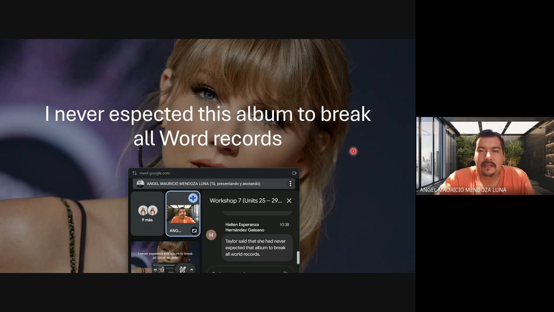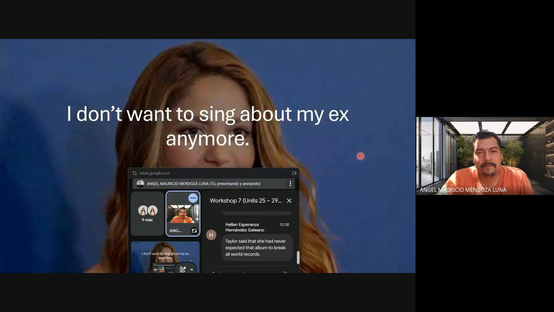Let's see the next celebrity and his or her quotation. Shakira. It says, I don't want to sing about my ex anymore. Let's see your contributions. That's pretty much funny.